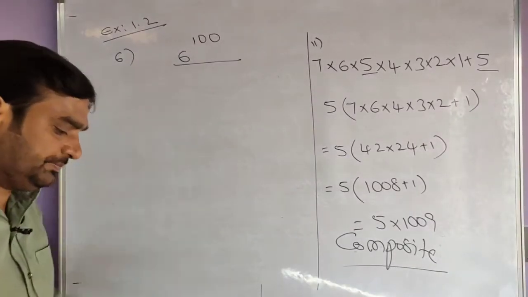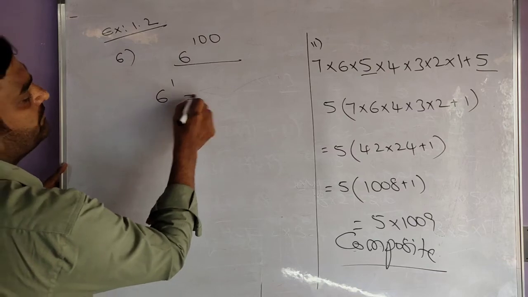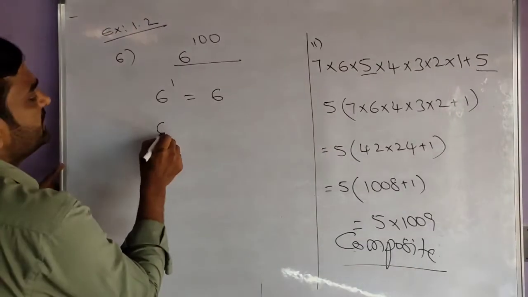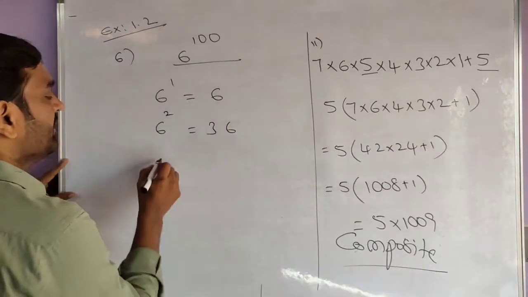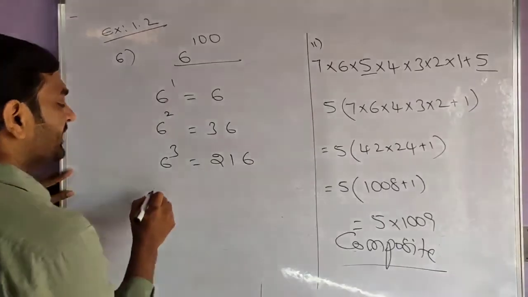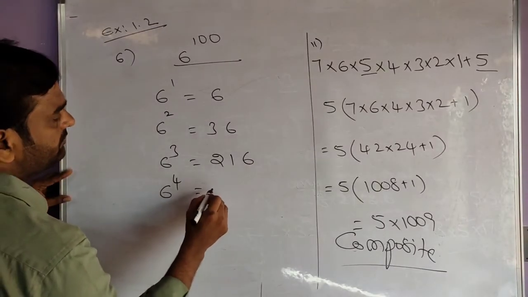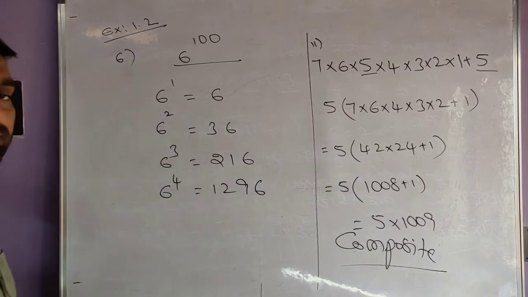Listen. Here 6 power 1 is 6. 6 square is 36. 6 cube is 216. 6 power 4 is 1296, that is 36 into 36.